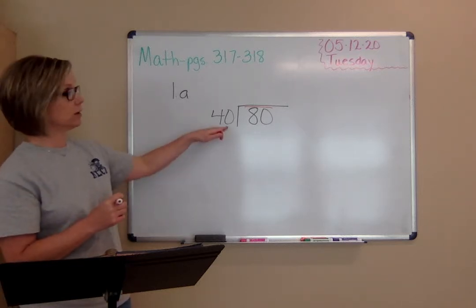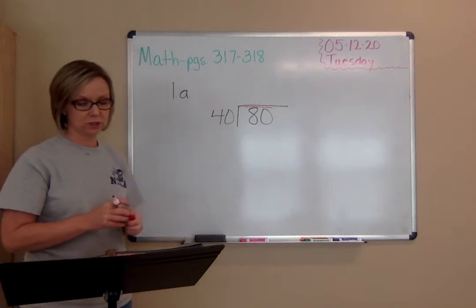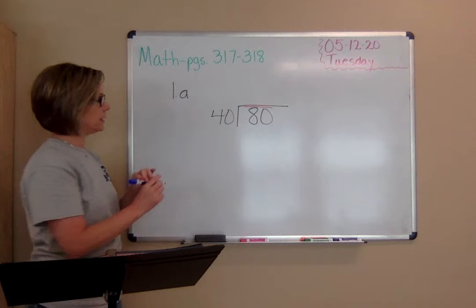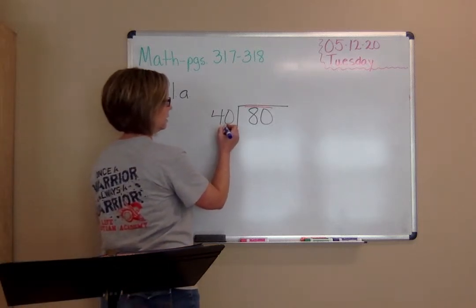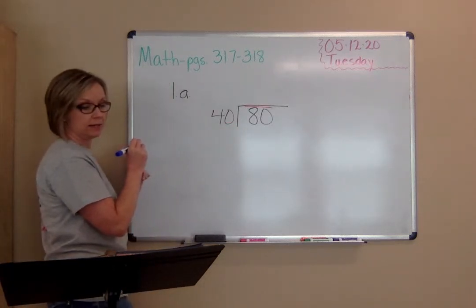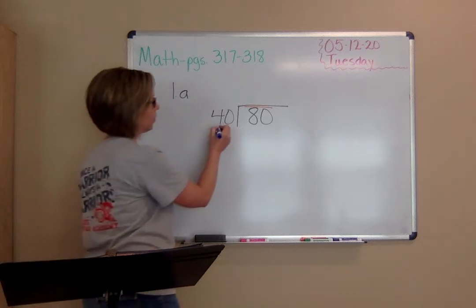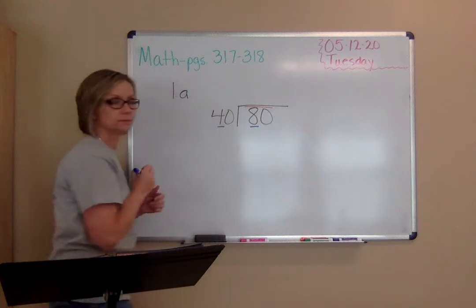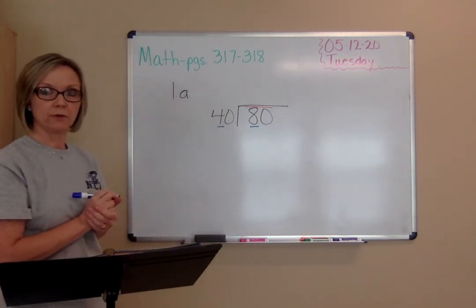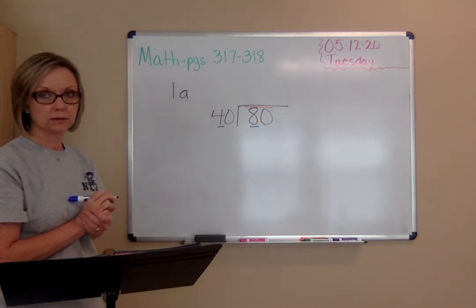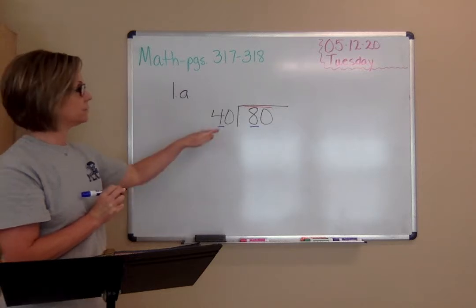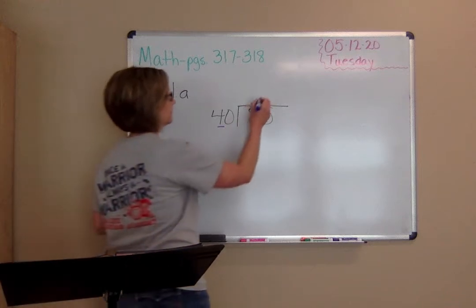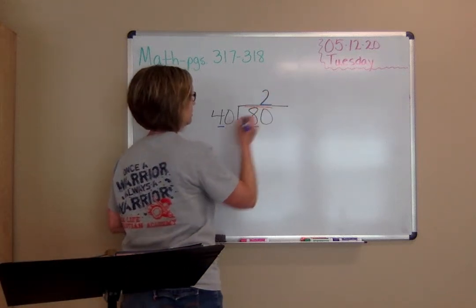Okay? So let's think. Look at the second step. Since you do not know the 40 division table, we're going to ask ourselves, how many fours are in 8? What times 4 gives you 8? 2. Okay, so put the 2 up here.